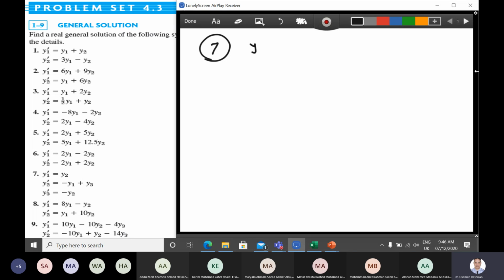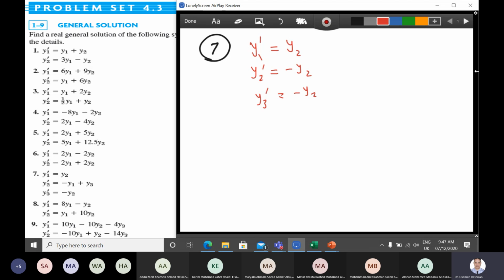You have y1 dash equal to y2, sorry. Okay, and y2 dash equal to minus y2. y3 dash equal to minus y2.